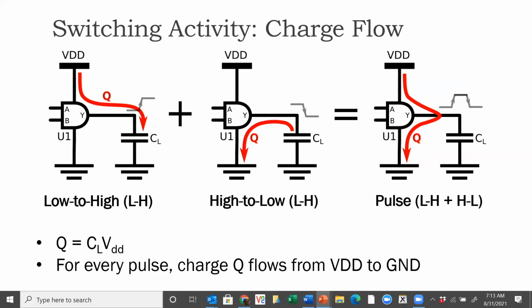Remember, the pulse is a combination of a low to high transition followed by a high to low transition. So that's a pulse. And in any pulse, a charge Q flows from VDD to ground. The amount of the charge is CL times VDD by definition of capacitance. So for every pulse, this charge Q flows from VDD to ground.